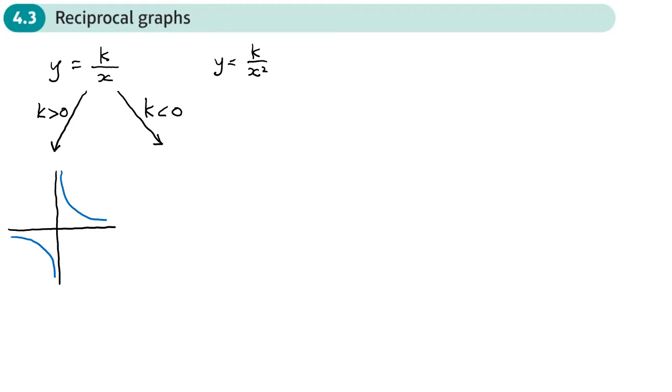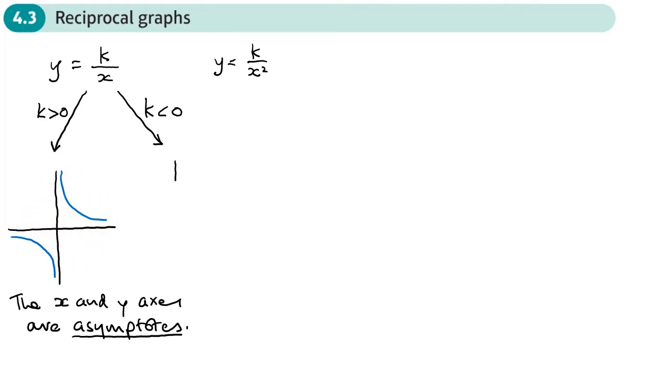So in this case, the x and y axes are asymptotes. That means the graph is getting closer and closer to the x and y axis, but it will never touch the axis and it will never cross it. So if k is greater than 0, like 1 over x, 2 over x, 3 over x, so on, this is the graph it's going to get.